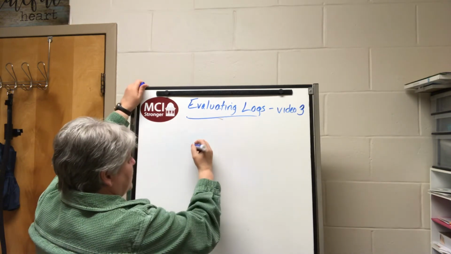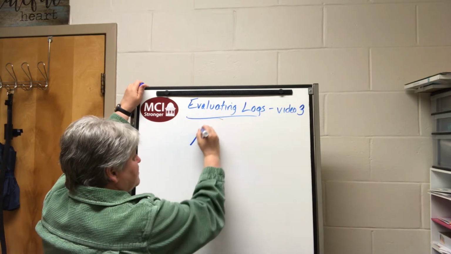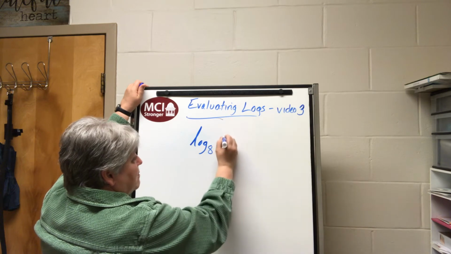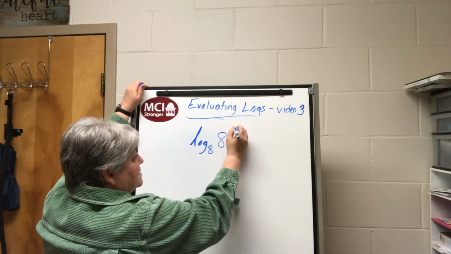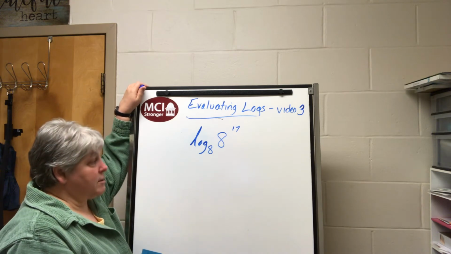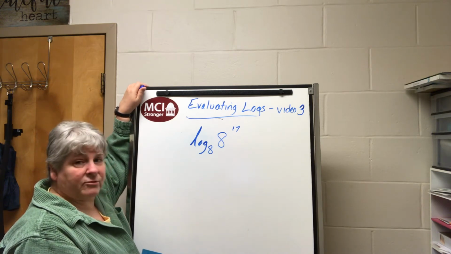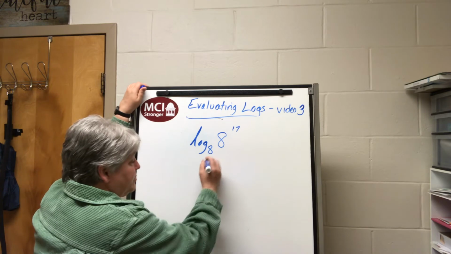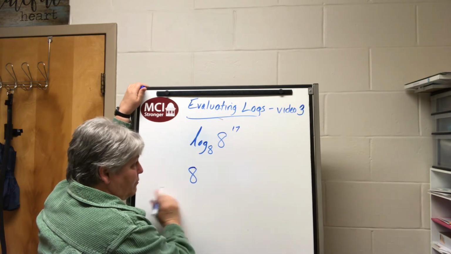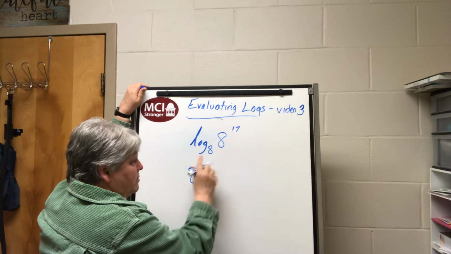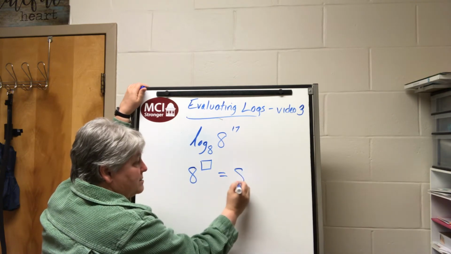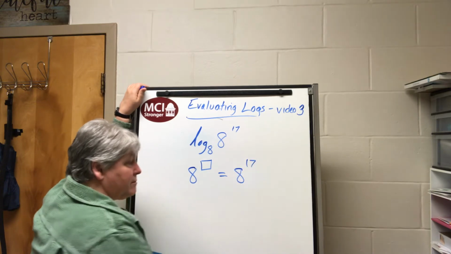How do we evaluate a log that looks like this? Log to base 8 of 8 to the 17. That might look a little bit scary, but it actually isn't. When you do the clarification by writing it out the other way, 8 to what power lands right on 8 to the 17th.